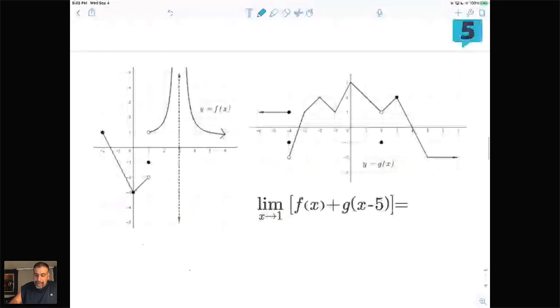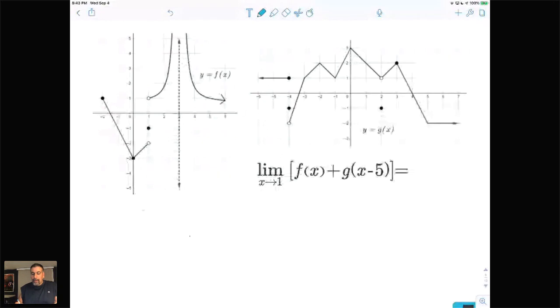So when we go to the next one, you've got a new limit. This time it's a sum of 2 different limits. We've got kind of a shift going on with g of x. Now it's g of x minus 5. Again, I want to give you just a couple of minutes, think about it, and then I'll wait for you guys to start giving me either some answers or some questions, and we can talk about how to handle this one.